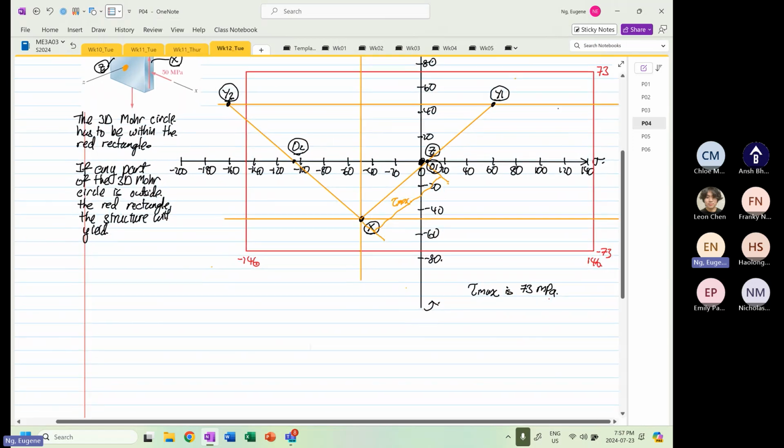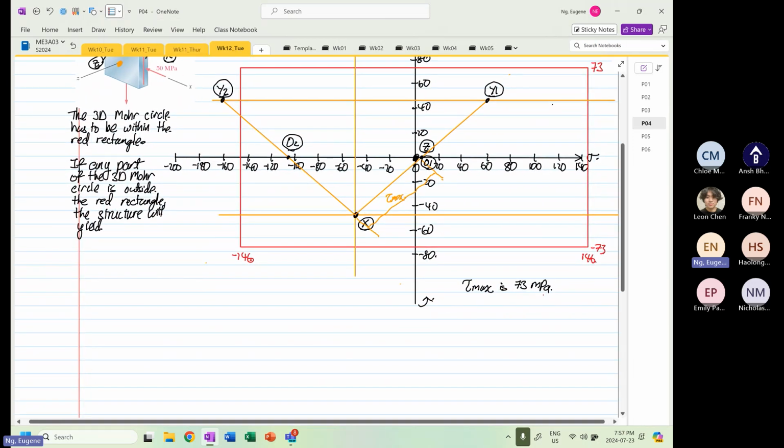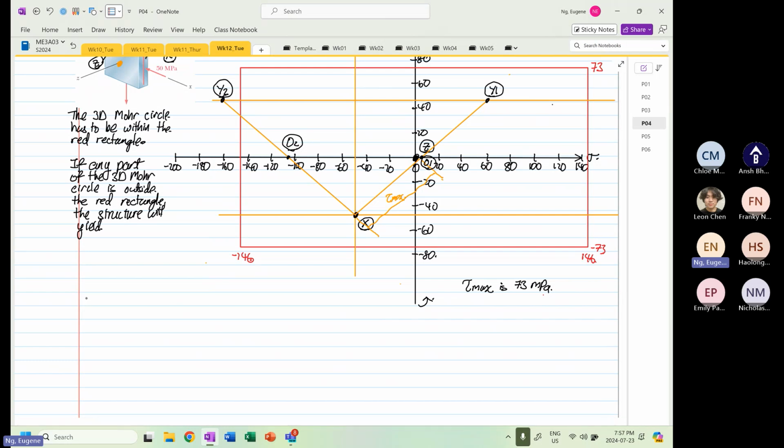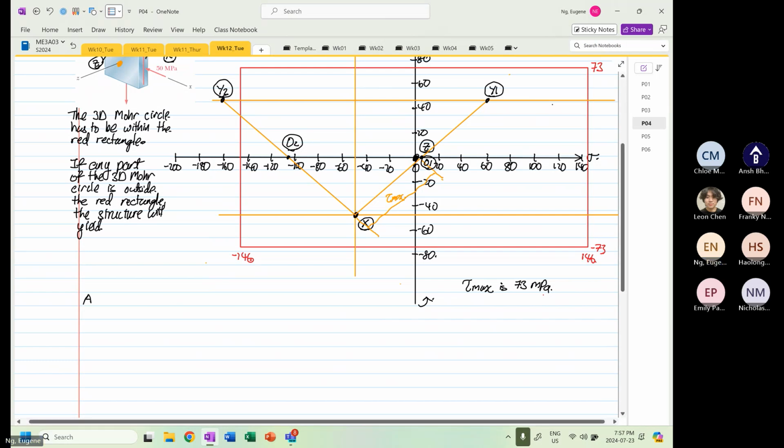It's strictly geometry. We are going to calculate our center of circle, which is our stress O1 and stress O2.